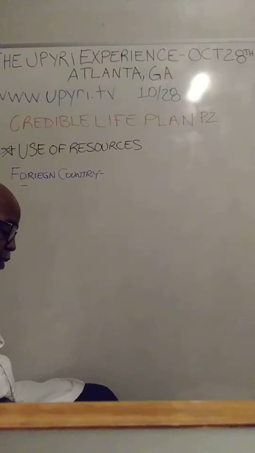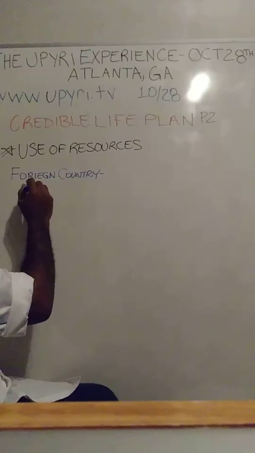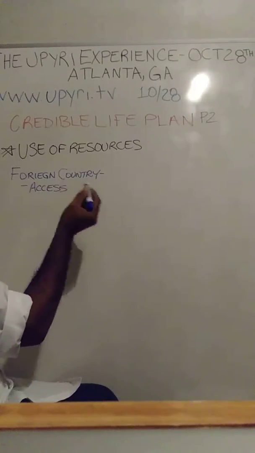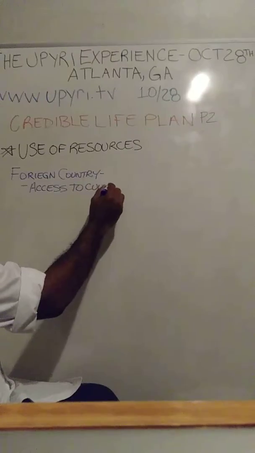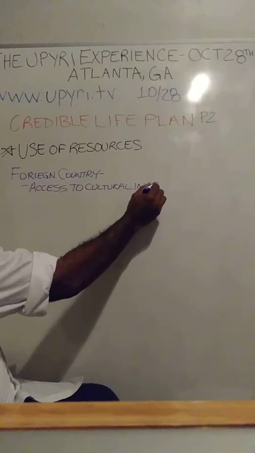And so the resources that he will get from that are access to cultural information. And I always state an access to. Which is important, right? Because he's going to need to know the do's and don'ts of being in the country.